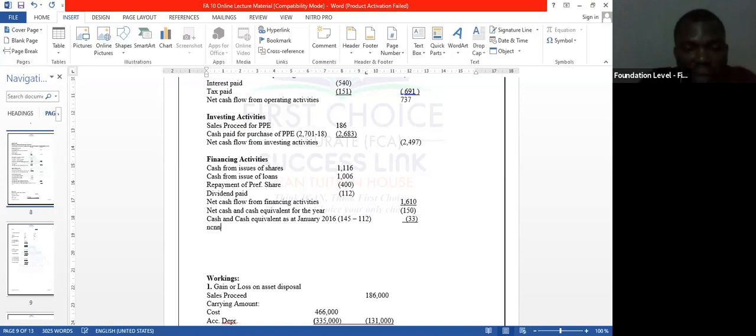So we have cash and cash equivalent as at December 2017 to be how much? That's 150 plus 33. That gives us 183, 183 in bracket.